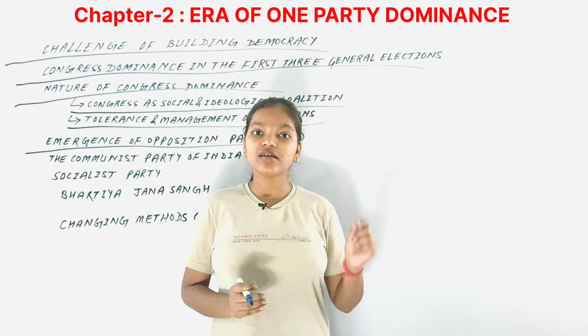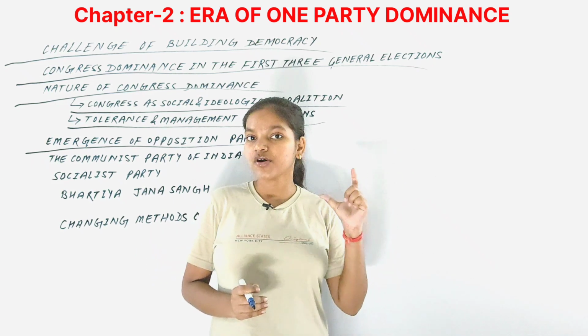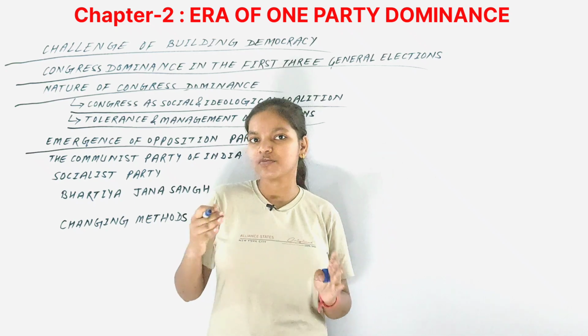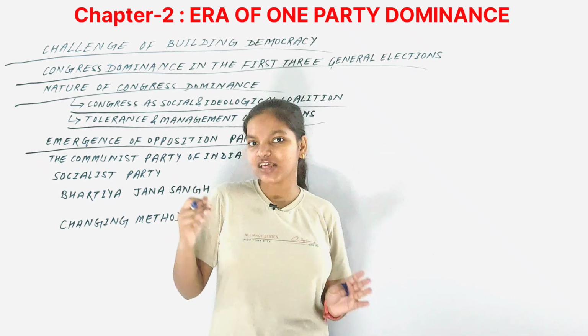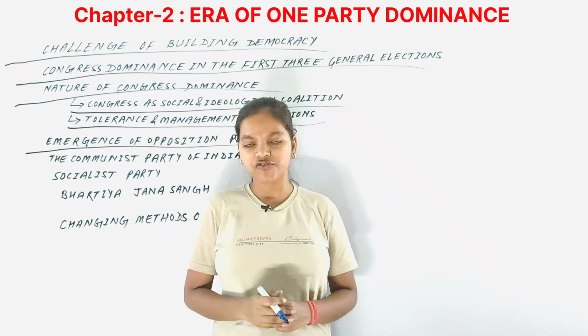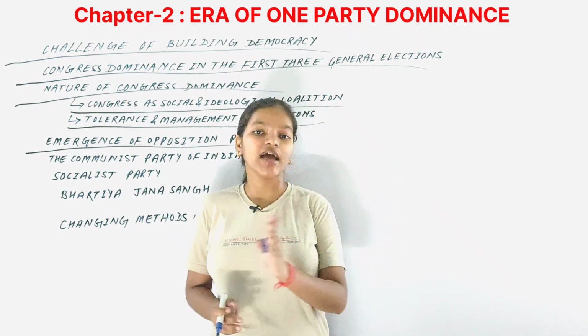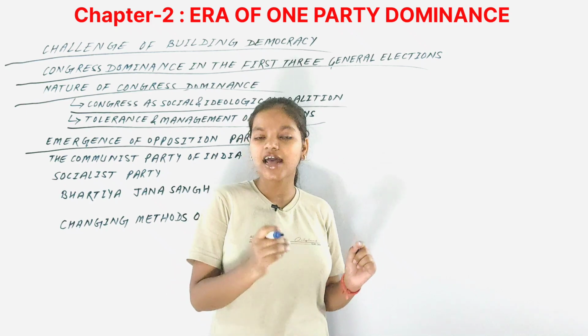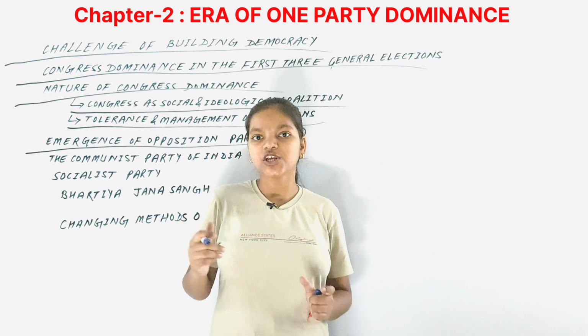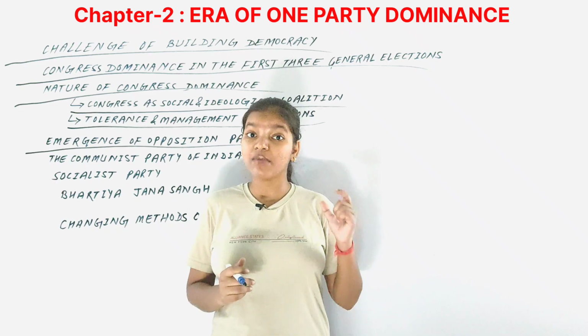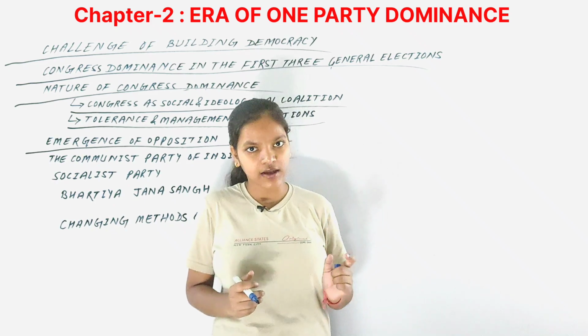However, we say that they played an important role or emerged as major parties in the 50s and 60s of the country, which means that the time period between the 1950s to 1960s, at that time the role of the opposition parties was considered a major role in the politics of the country.